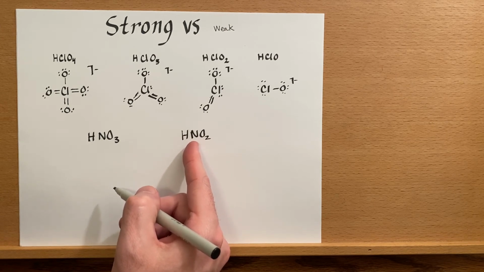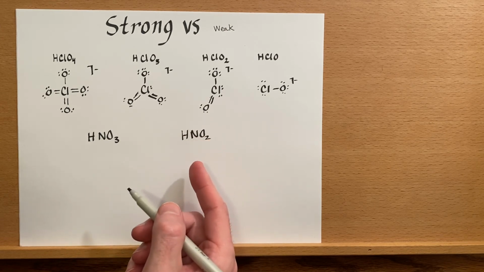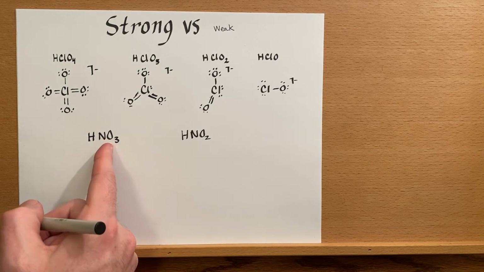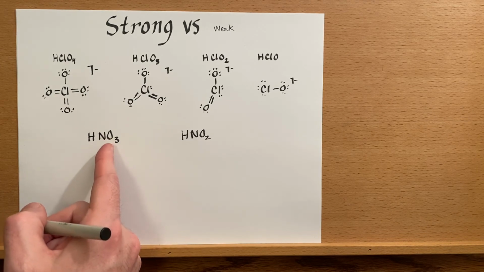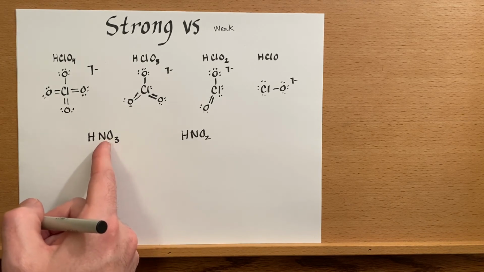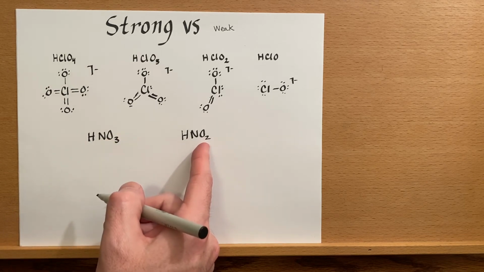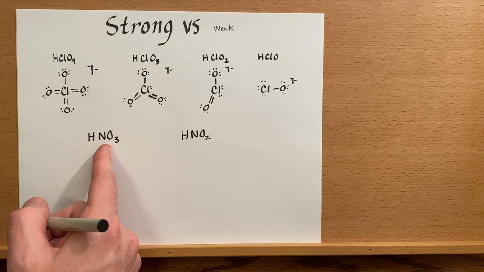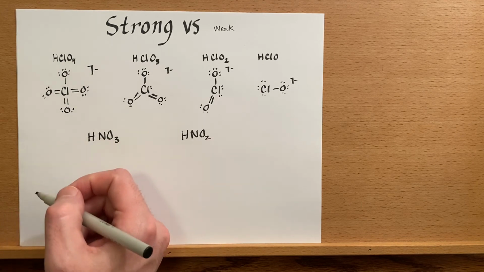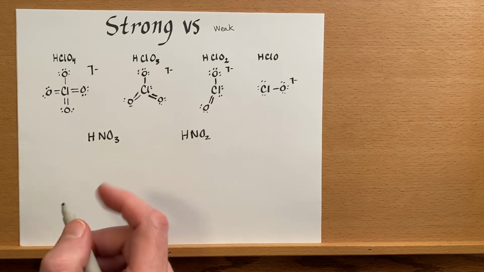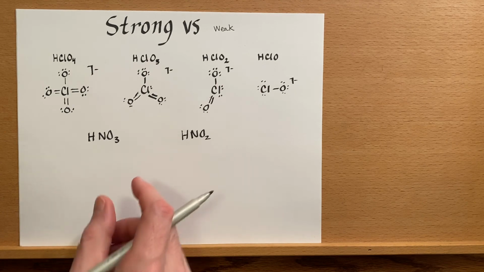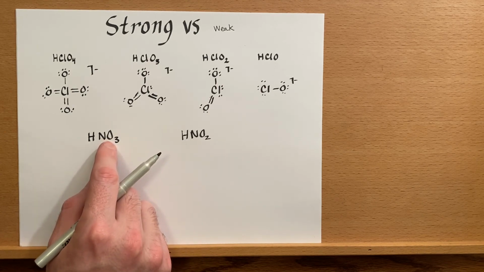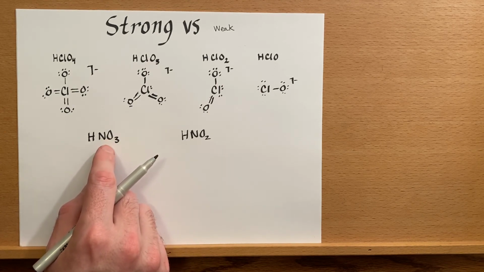This is a weak acid. What's the difference between these two? In this case, I have more places for the negative charge to exist, and this one just has less. And so this one ends up being a strong acid, and this one does not. It's really about stabilizing the ion that exists in solution.